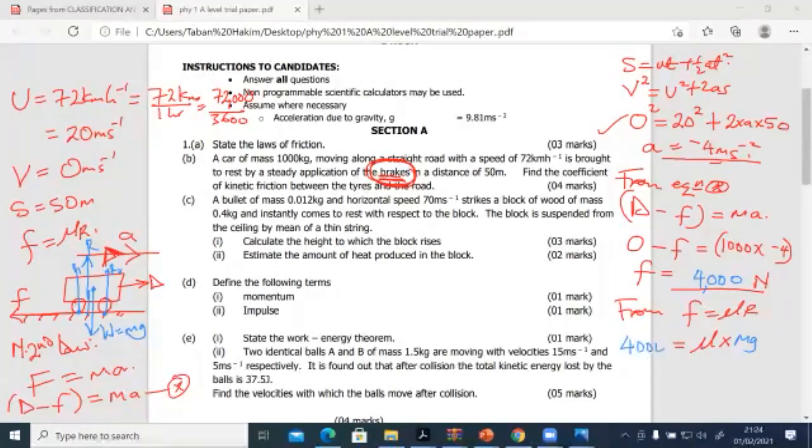Yes, so 4,000 is equal to mu times 1,000 times 9.81. And therefore our mu will be equal to 4,000 divided by that answer there, 0.41.